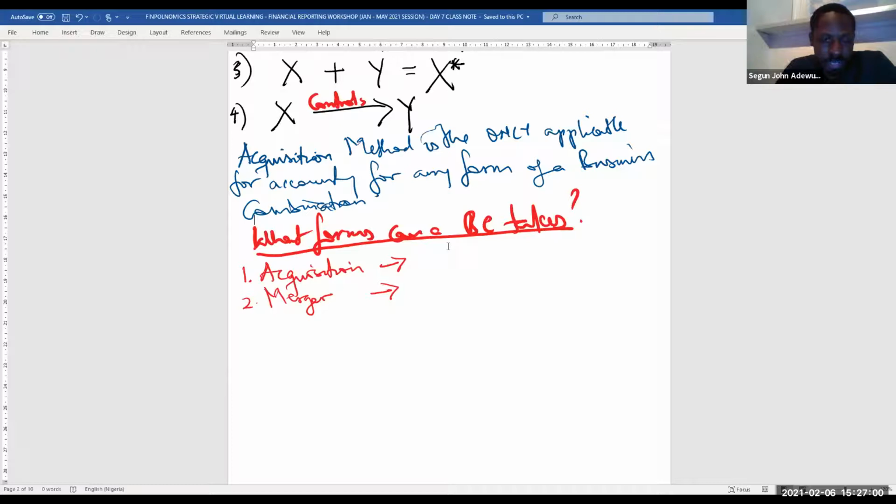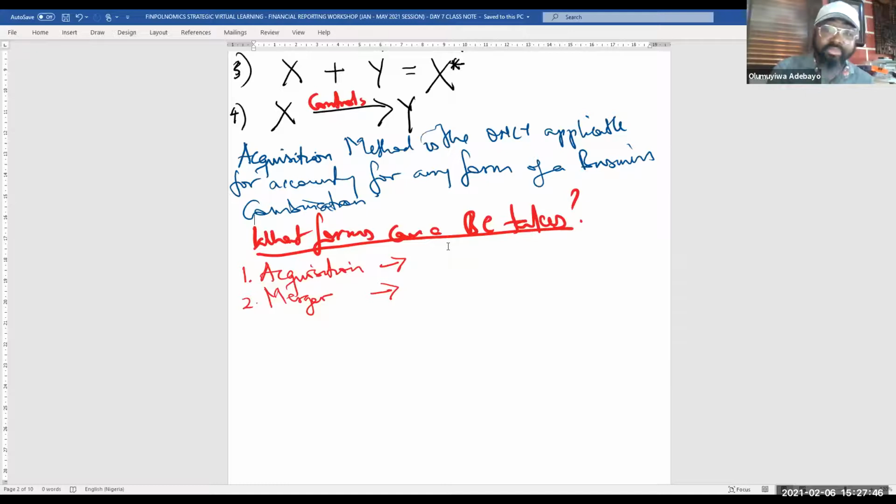While a merger is with the original intention of subsuming the other entity that is being taken over. So an example of acquisition is the one between NIPCO PLC and Mobil PLC, where till today Mobil still exists as a separate legal entity, and NIPCO still exists as a separate legal entity. Whereas an example of merger is between Access Bank and Diamond Bank, where Diamond Bank was subsumed into Access Bank. So that is my explanation.